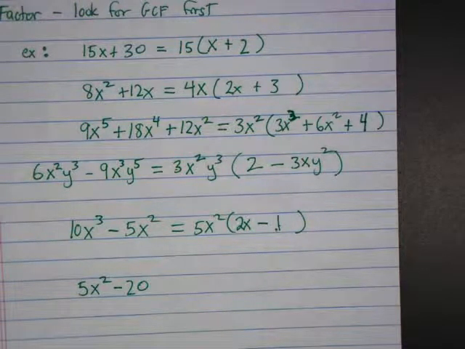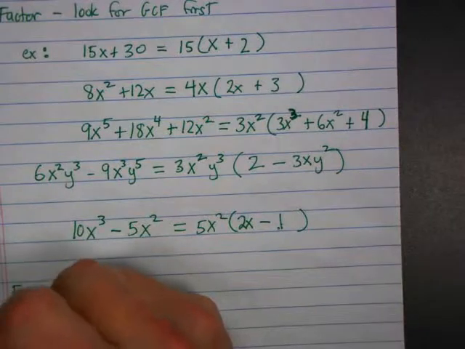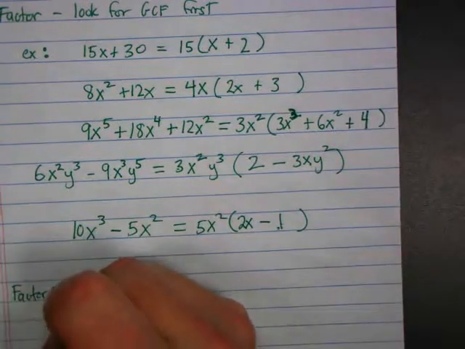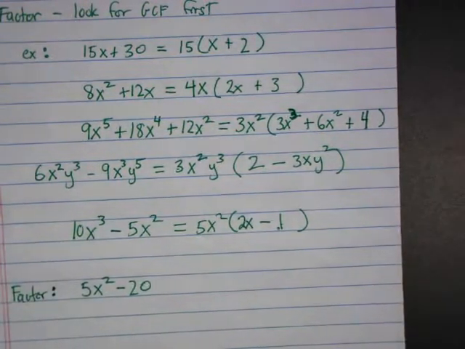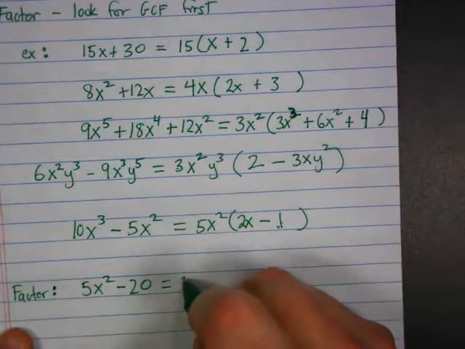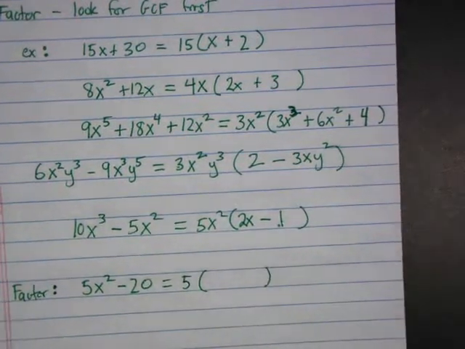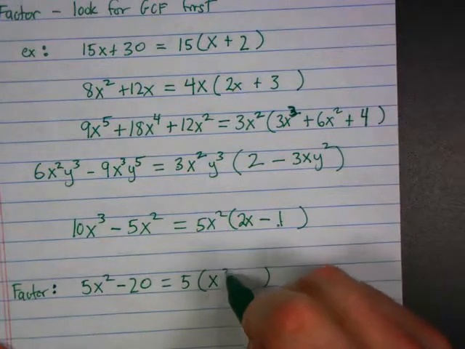Well, whenever you see the word factor, the very first thing you should always look for is a common factor. Do 5x squared and 20 have a common factor? 5. So I'm going to put the 5 out here. What goes inside my parentheses? x squared minus 4.